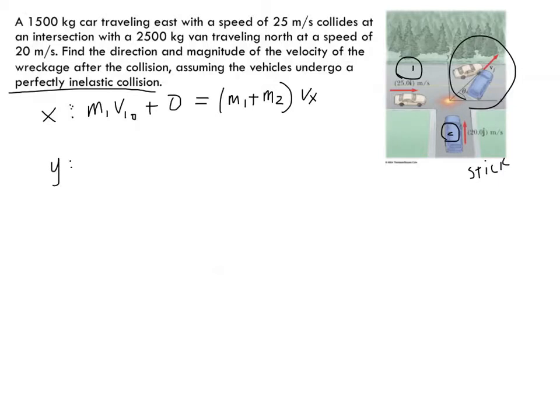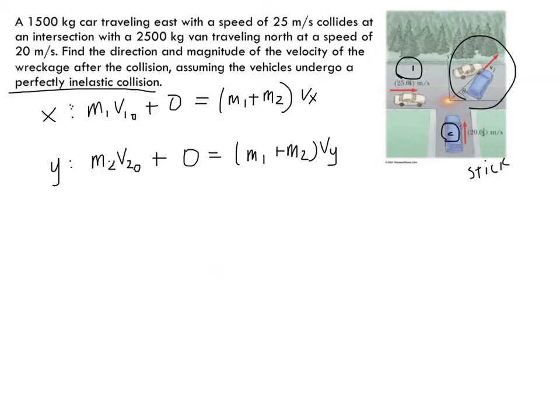In the y direction, we have our momentum of our second object, and it has an initial velocity. The first object has no initial momentum in the y direction, and again, we know that they will be colliding. So these are our two equations for our momentums in both directions.